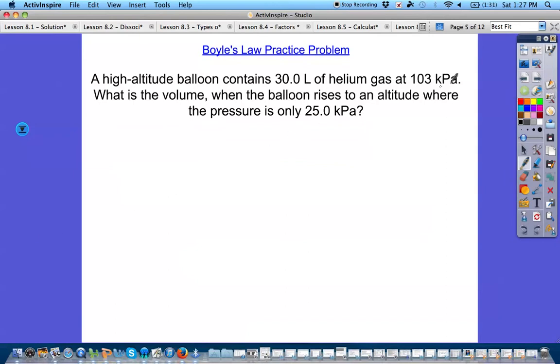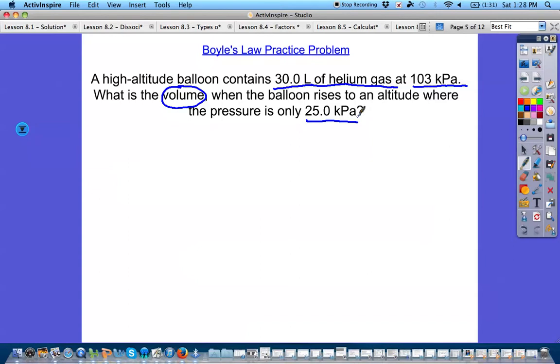So this example problem for Boyle's law, it says a high altitude balloon contains 30 liters of helium gas at 103 kilopascals. What is the volume when the balloon rises to an altitude where the pressure is only 25 kilopascals?